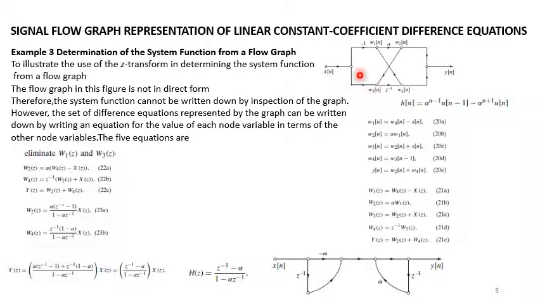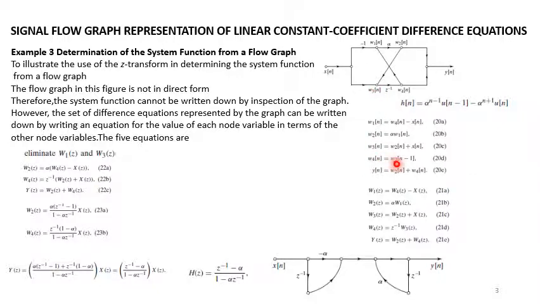Again, note that there's an arrow, but it doesn't carry any number, so that means it is just identity, whatever is here will appear here. So W3[n] equals W2[n] plus x[n]. At node 4 we have the incoming W3[n], and you see there is an arrow with z to the power -1 on it, so this will be a one unit delayed version of W3[n].